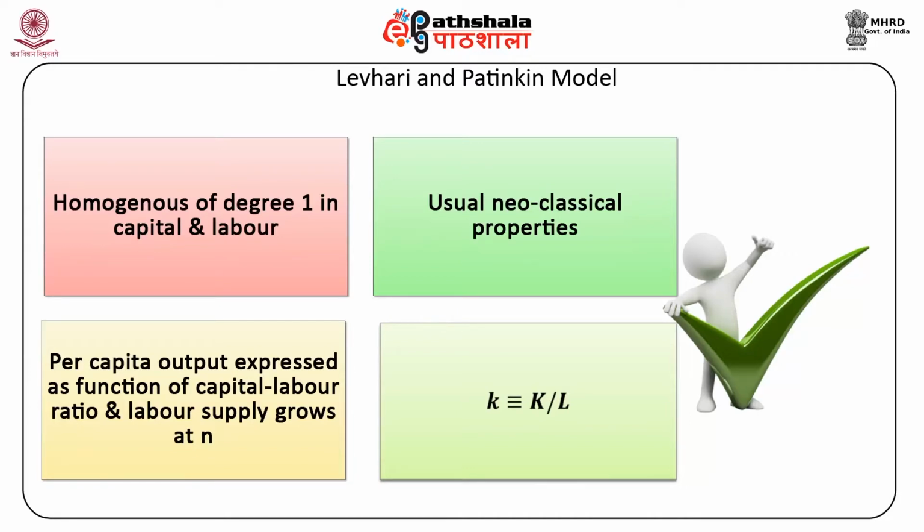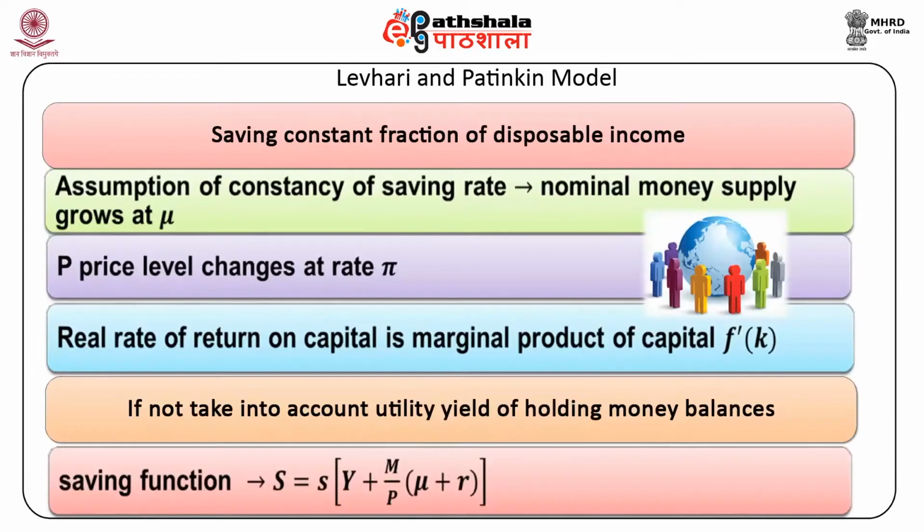The per capita output, that is Y upon L, can therefore be expressed as a function of the capital labor ratio k, and labor supply grows at a constant rate n, and k is equal to capital K upon L. Saving S is a constant fraction of disposable income.